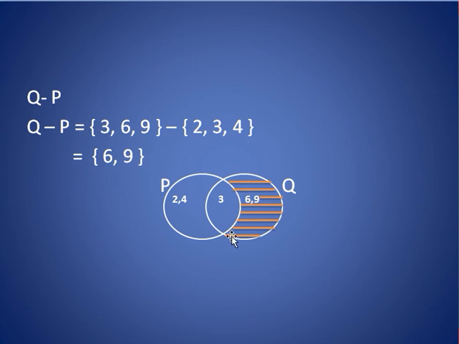Common element we write here, and the rest of the elements of set P in this portion, and we will write the rest of the elements of set Q in this portion, and then we shade the answer, and the answer is 6 and 9, so we have to shade it. Students, I hope you will understand this topic.